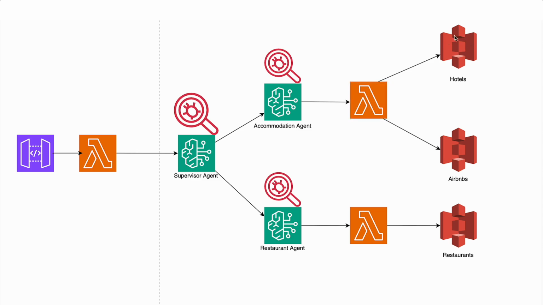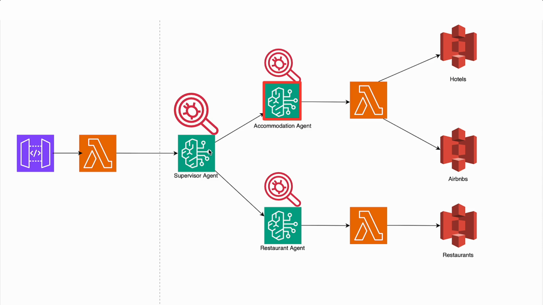And right now, as I mentioned, both of these CSVs, the hotels and Airbnb CSVs, are in AWS S3. But we're going to be able to set it up however way we want to. So if in the future you want it to query a Postgres database or a MongoDB database, you can set that up very easily. Now, this was if the accommodation agent was called.